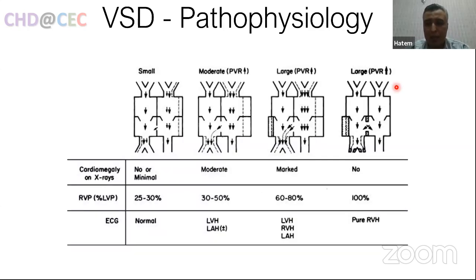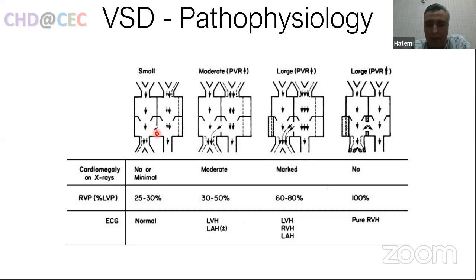This is obvious in this diagram. So this is a patient with a small, very restrictive VSD with hardly any flow across. And so there is some dilatation in the left side, but the RV pressure is low, and you can hardly see any signs in X-ray and ECG.